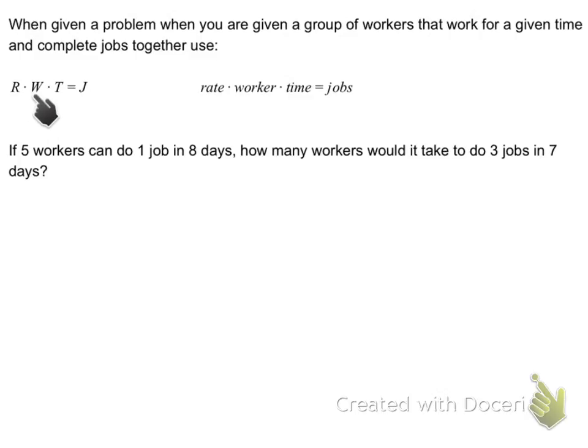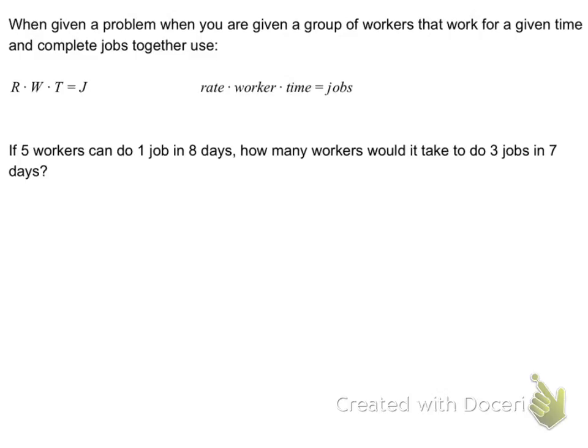But then they're going to change something. They're going to say, oh, they hired 2 more people. How many more jobs can they get done? Or how long will it take to complete the same amount of work with 2 extra people? Or 2 less people? Or more time? Or how long will it take if they give you more jobs, or take away jobs?